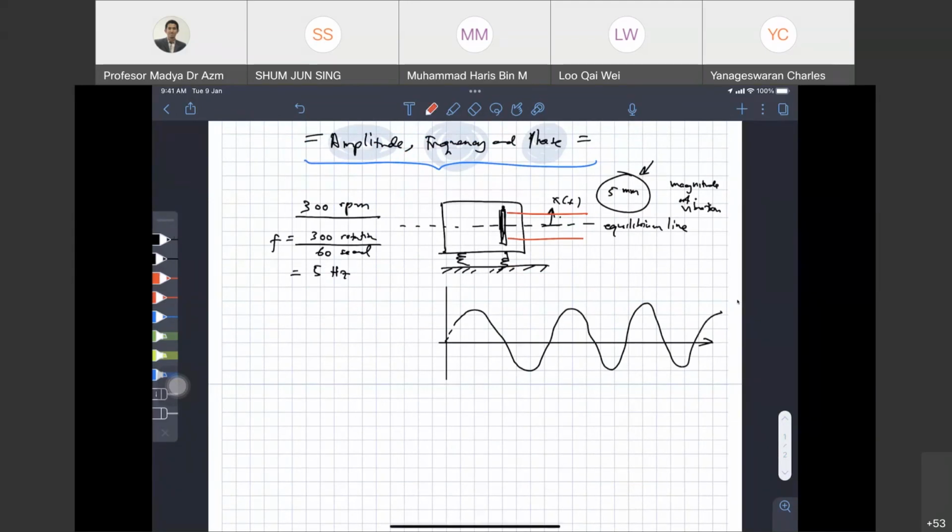What is the magnitude here? What is the maximum? Maximum is 5 millimeter. The frequency is 5 hertz. If this one is time, how many seconds are here? If it is vibrating at 5 hertz, how many seconds are in here?